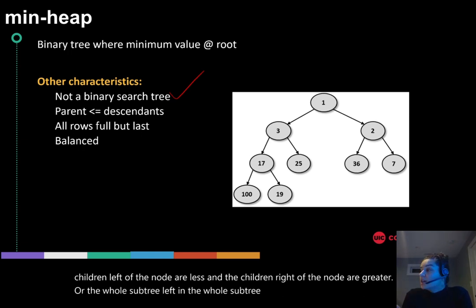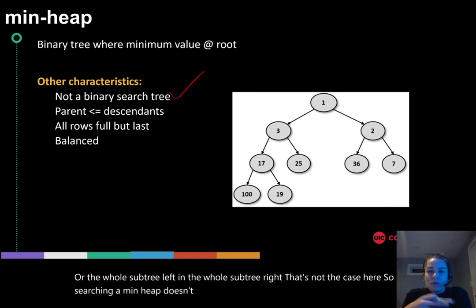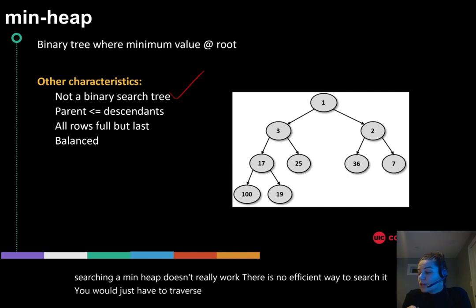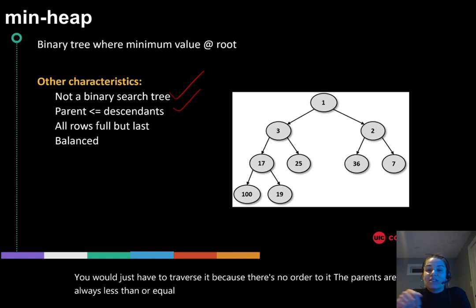That's not the case here. So searching a MinHeap doesn't really work. There's no efficient way to search it. You would just have to traverse it because there's no order to it. The parents are always less than or equal to the descendants. The equal is the important part because that's what allows you to have duplicates.